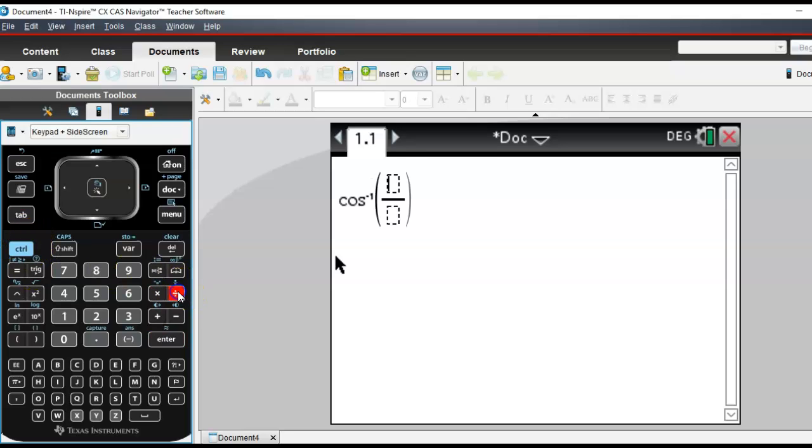I can put in our fraction 10 over 14, and then I'm going to do control equal for approximately equal. So that means theta is approximately equal to 44.4 degrees if we're doing it in decimal degrees.